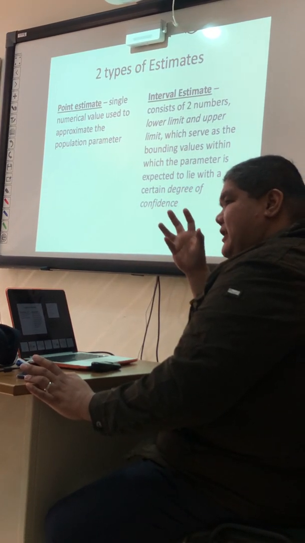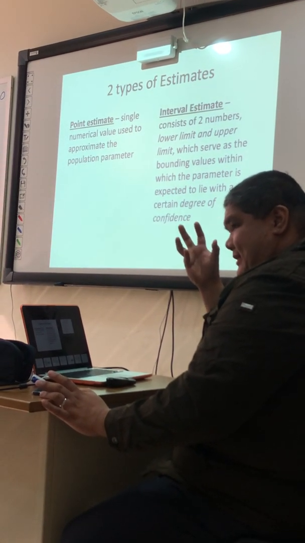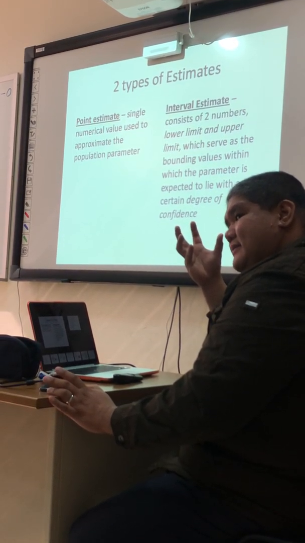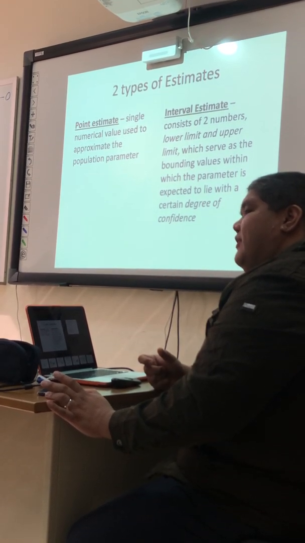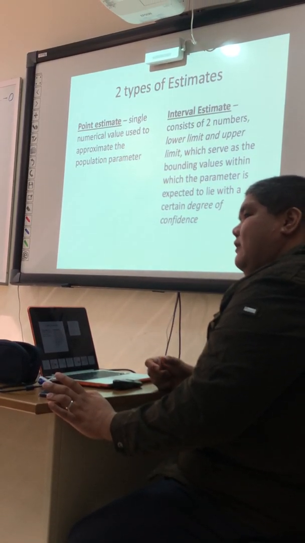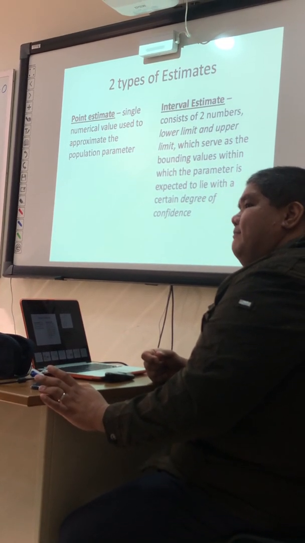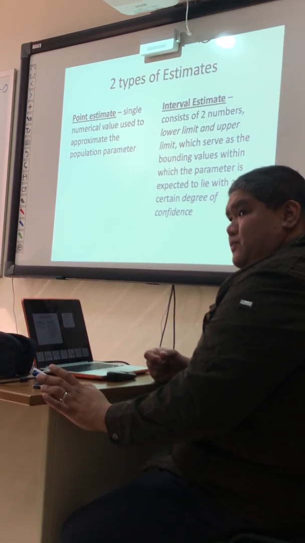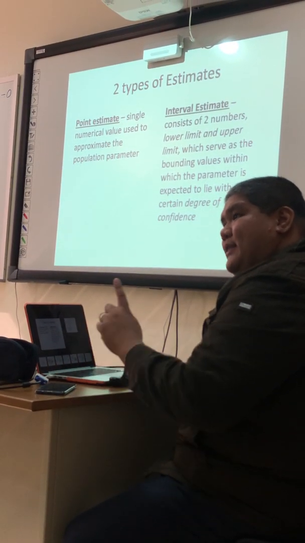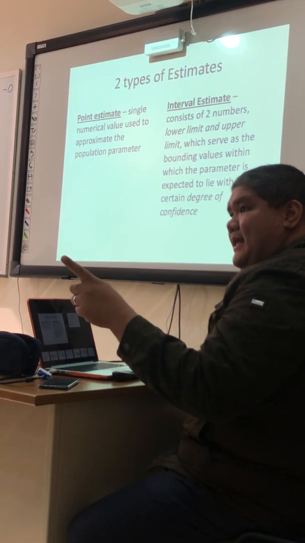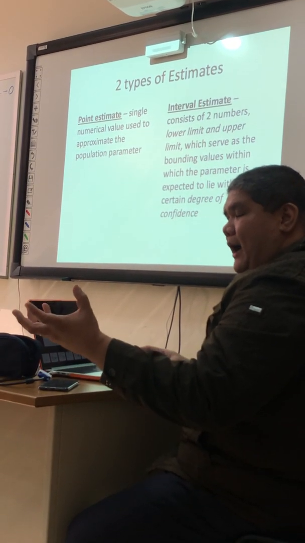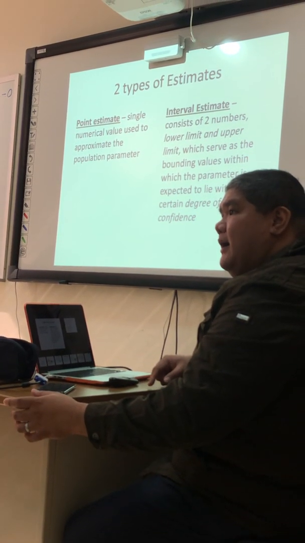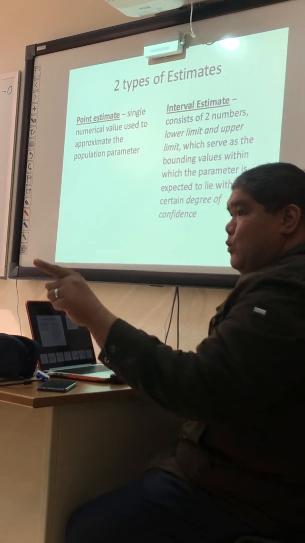I will get their ages and I will get the mean. What will be that mean? The x bar. For example, the x bar is equal to 19.2. 19 years, 0.2. That is my point estimate of the mean age of the population.